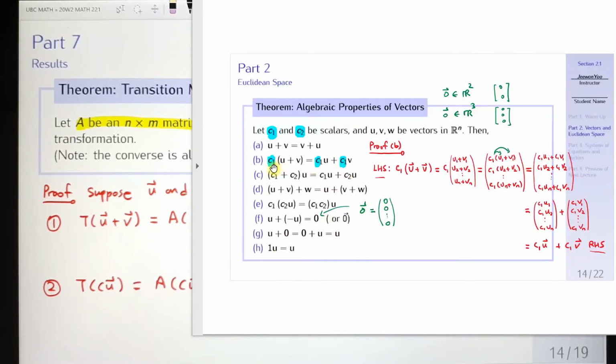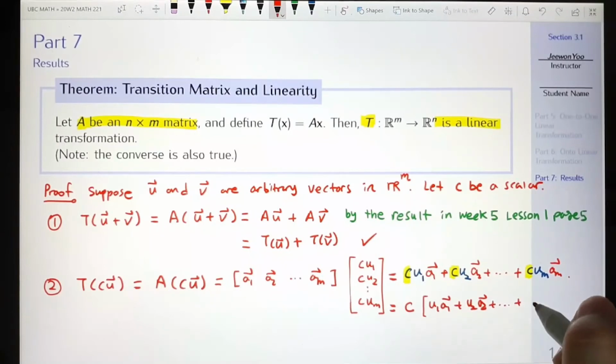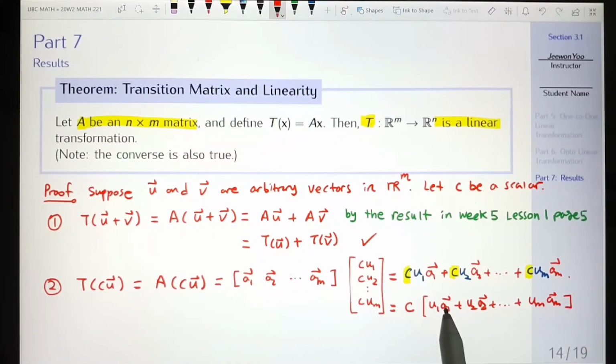Look everyone, if you have some scalar C1 times U plus C1 times V, with the same scalar, you can take the common factor out, so write C1 times U plus V. So there you go. And now it looks like a linear combination between the column vectors of matrix A and just U1, U2 up to UM, right?